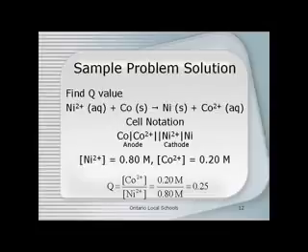So we're going to make Q equal to the concentration of our cobalt 2 plus, which is our product, divided by the molar concentration of our nickel 2 plus, which is our reactant. And so we're going to have the 0.2 moles per liter for the cobalt 2 plus on top, divided by the 0.8 moles per liter of the nickel 2 plus on the bottom. And when we do the math on that, we have Q equal to 0.25.